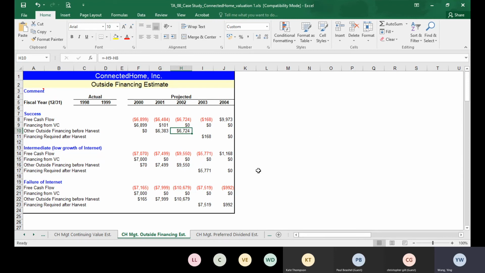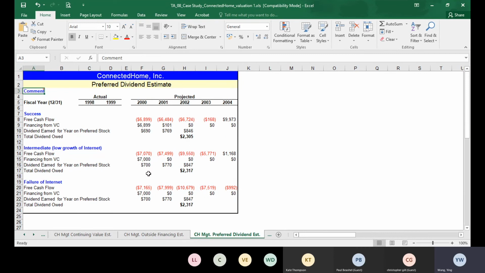So everything is calculated here, of course using different evaluation techniques. That is the outside financing for the second round, and then the discount, considering 3 scenarios. And then that is the dividend for them, how much they will get. For example, the total projected dividend is 2,305,000 if it is the success case.